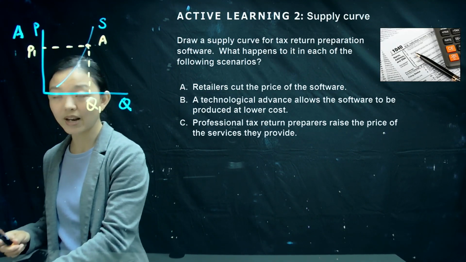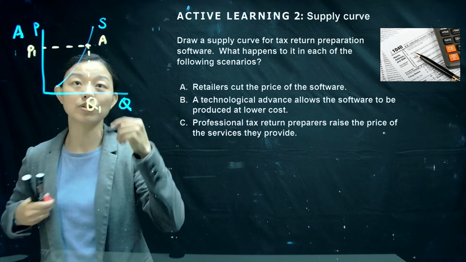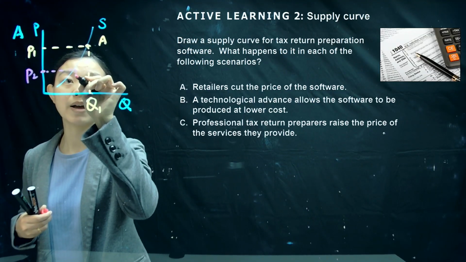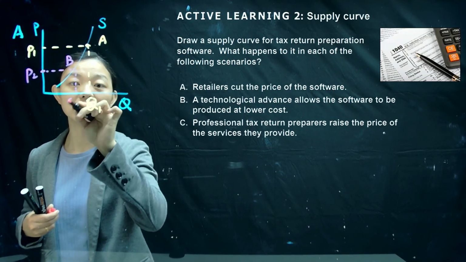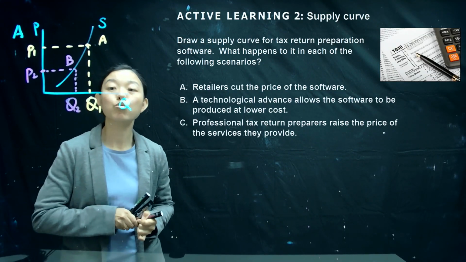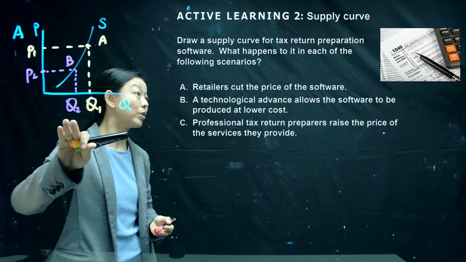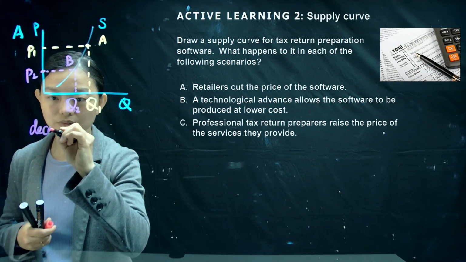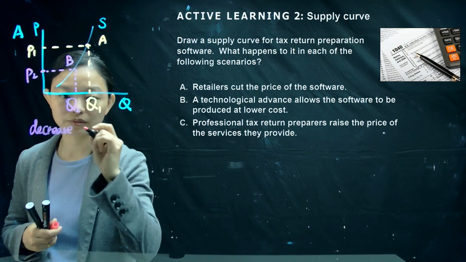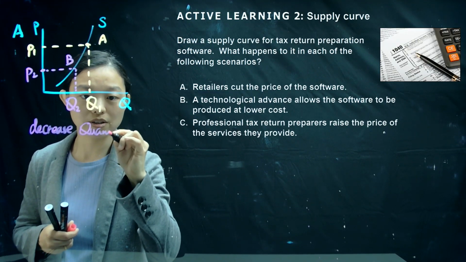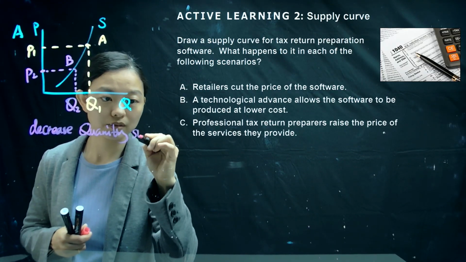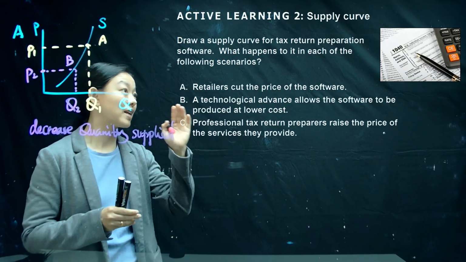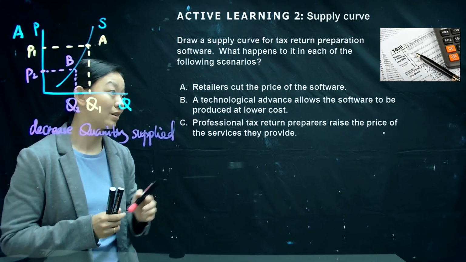But now the price of this software decreases to P2. So what will happen? It will decrease the quantity supplied of this tax return preparation software.